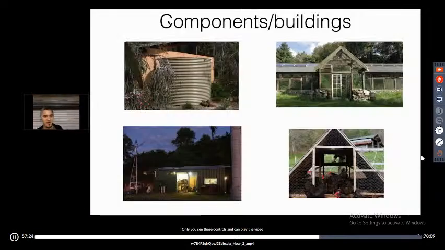Okay, so in talking of all these details, I'm just going to touch on what structures one should have in the homestead area, or one should think of, and then how to arrange them.